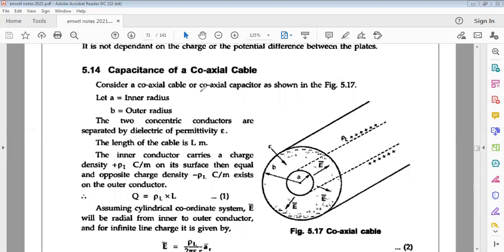Consider a coaxial cable or coaxial capacitor where A is the inner radius and B is the outer radius. The two concentric conductors are separated by a dielectric.